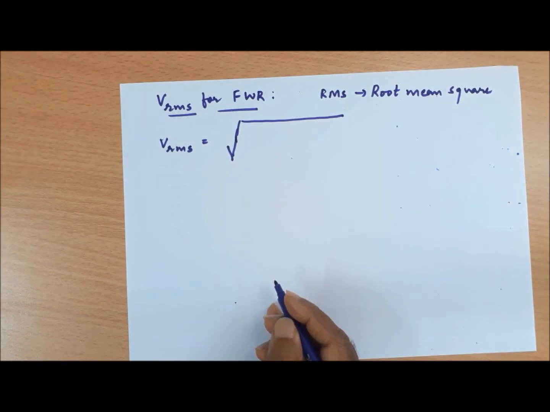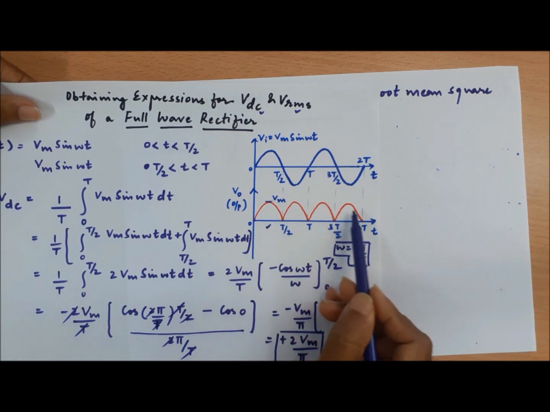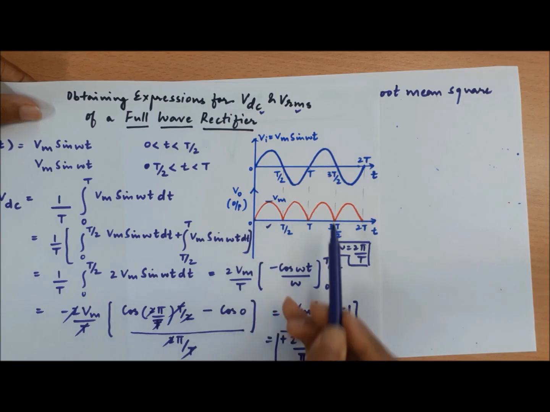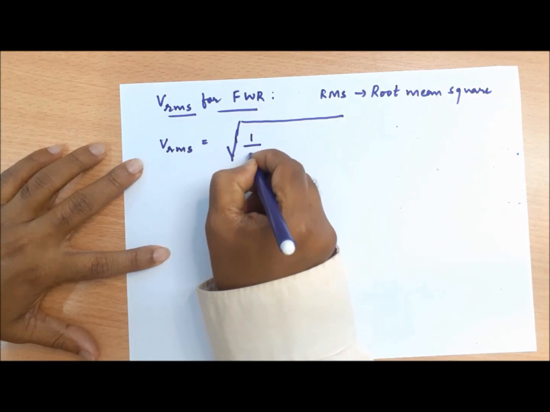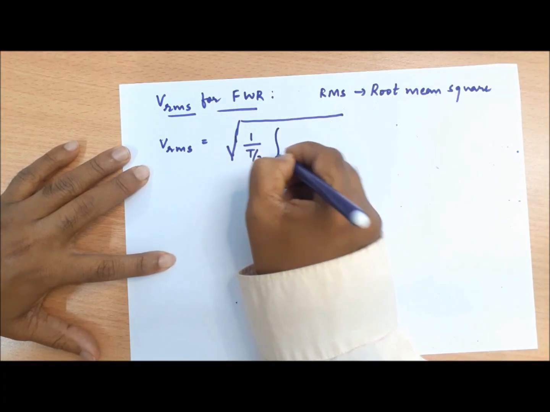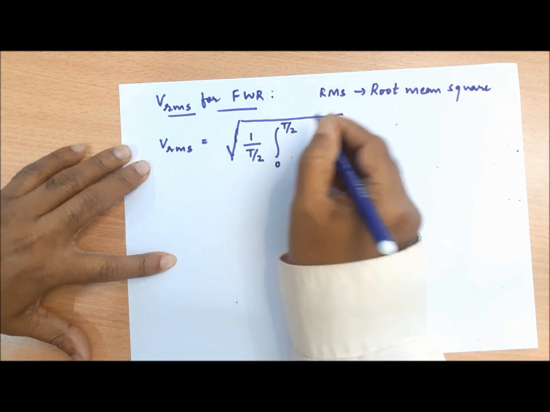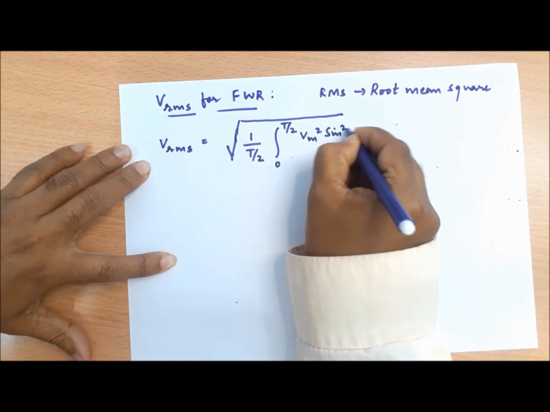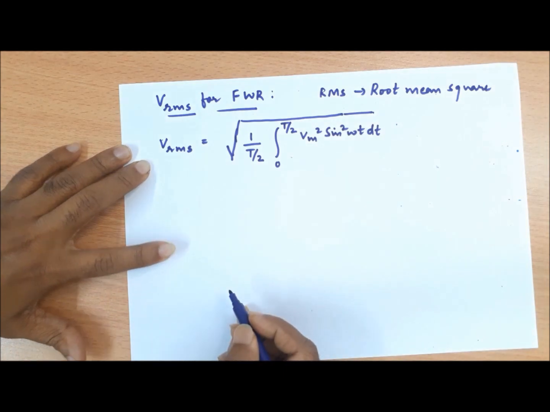While considering the mean, because this waveform keeps repeating for every T by 2 period, in the integral I can consider 1 upon T by 2, integration 0 to T by 2, Vm square sine square omega t dt. Okay, so that's the expression for root mean square.